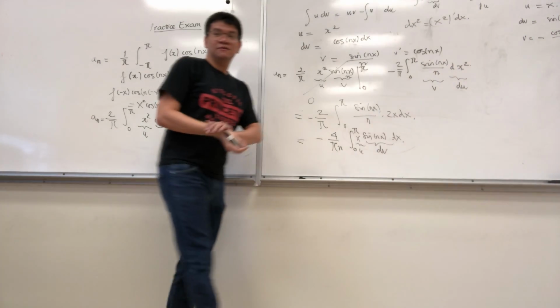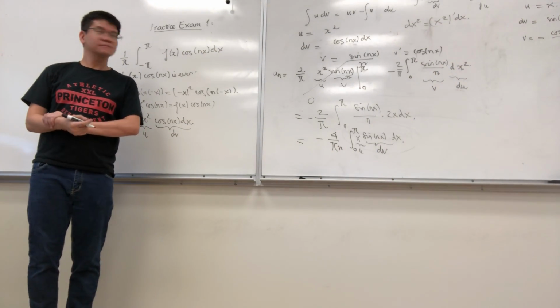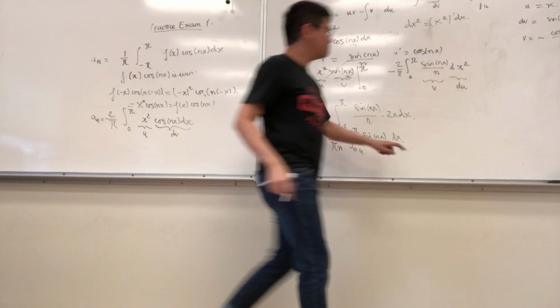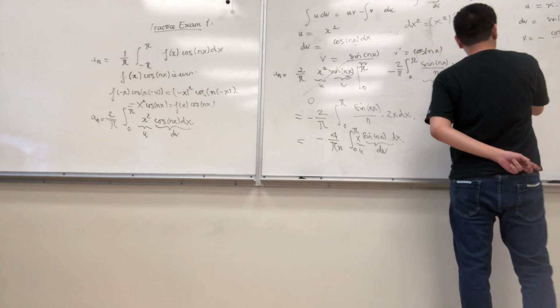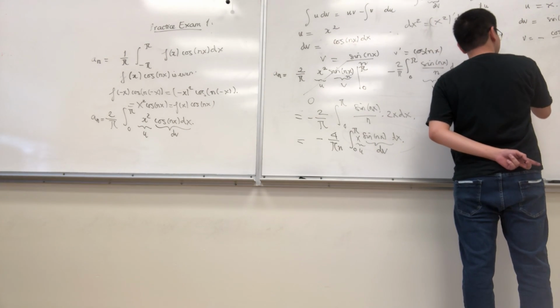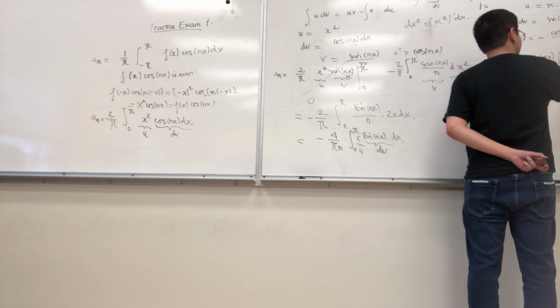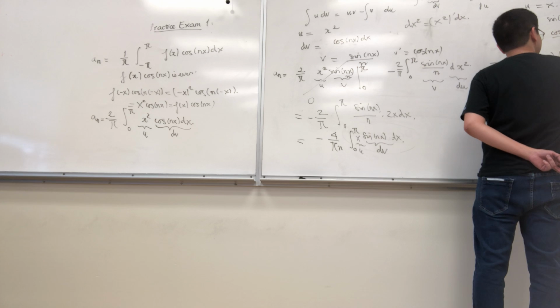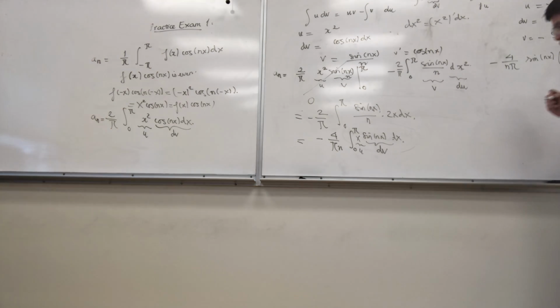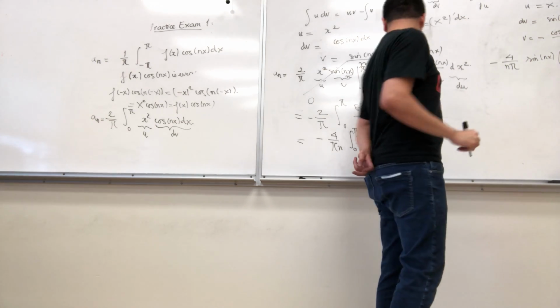That's good. Now I'm going to do it again. So here I have 4 over n pi times uv, which is x times minus cosine of nx over n, evaluated from 0 to pi.